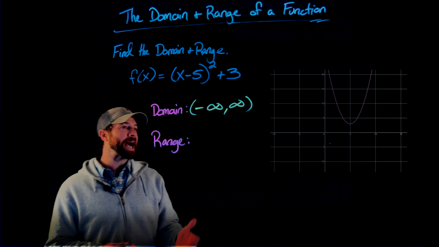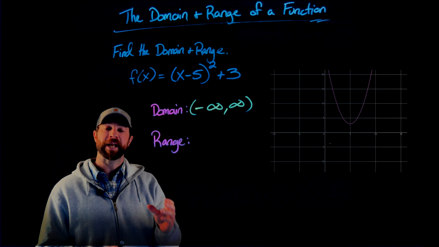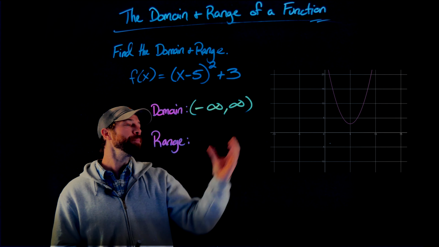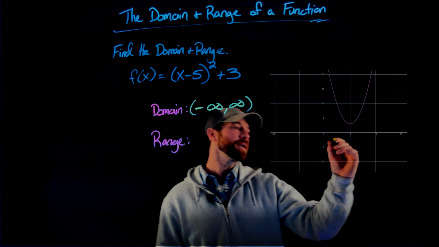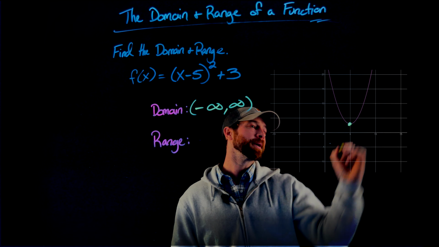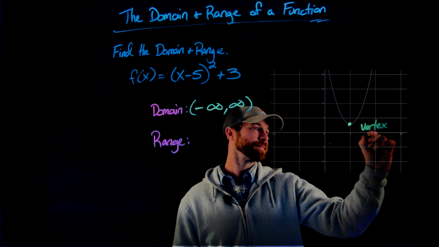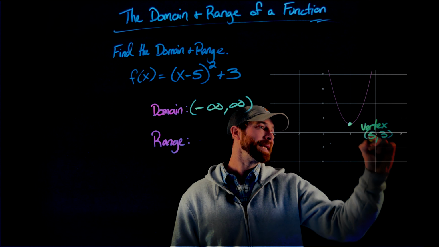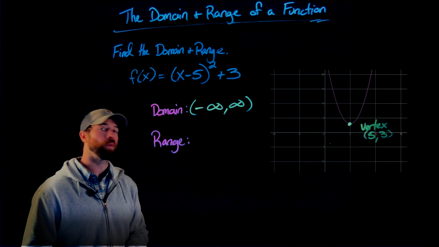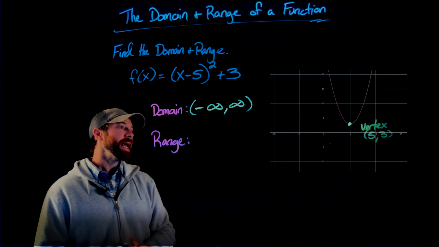If we look at the graphical representation of this quadratic, which is a parabola, it's an upward-facing parabola. It has a very special point right here. This point is called the vertex. It has an x value of 5 and a y value of 3.